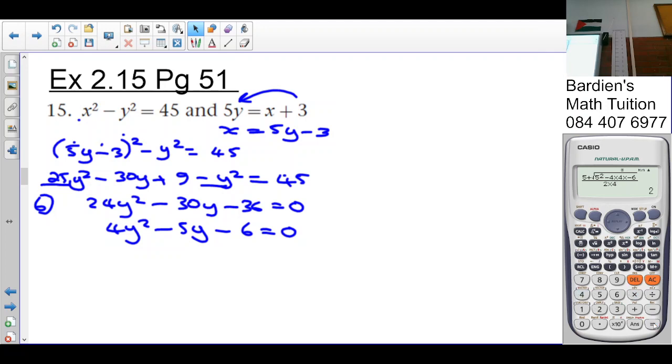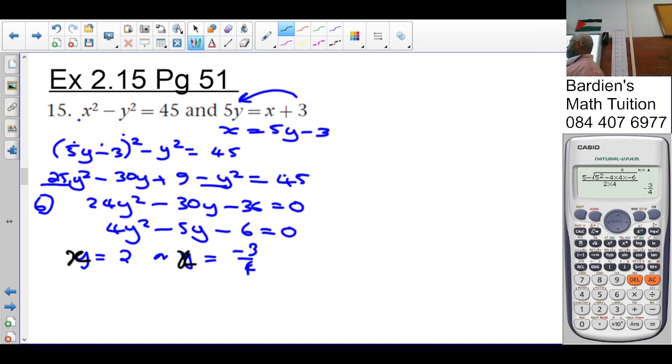So I'm going to give you an answer of 2, or y is equal to negative 3 over 4. So what happens is, we use the quadratic formula so often that we tend to write x is equal to 2 and x is equal to negative 3 over 4. Watch out for a mistake like that.